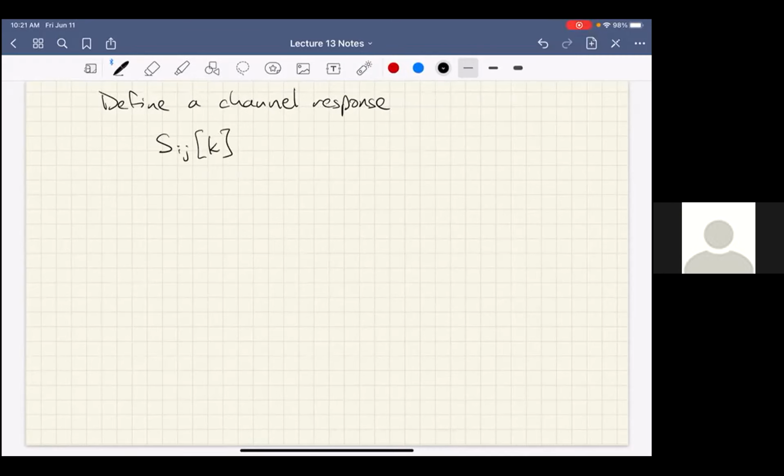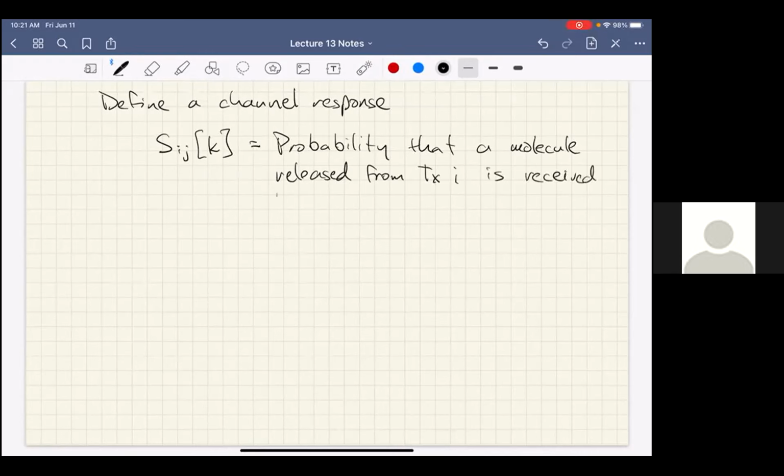And this is defined as the probability that a molecule released from transmitter i is received by receiver j in the kth symbol interval.